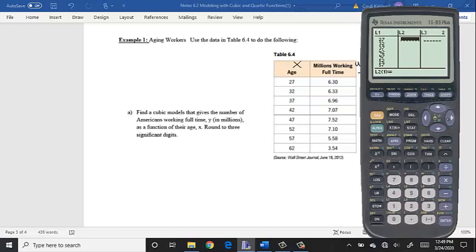All right, in L2, we're going to enter the Y value. Recall that the Y value stands for the millions of people working full time. So let's enter this data.